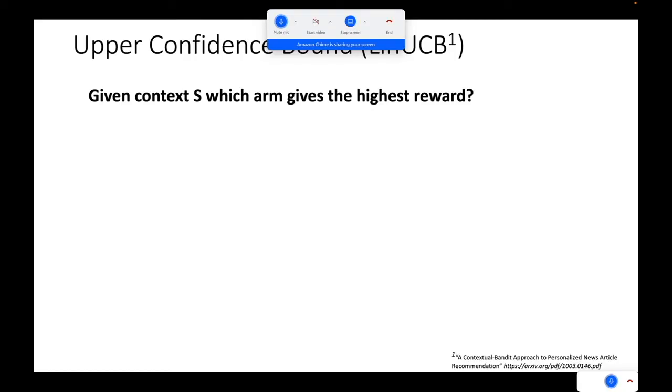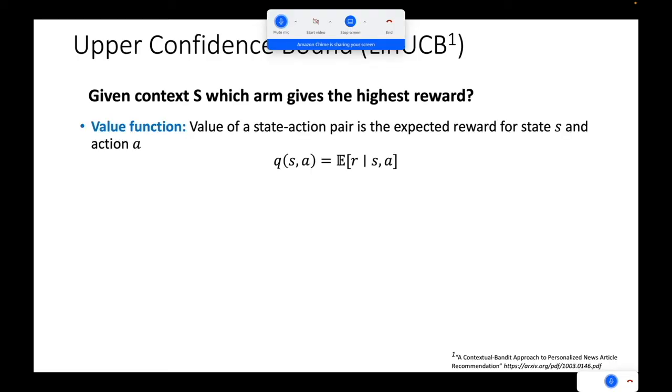Okay. Coming to upper confidence bound, we'll look at a particular form of the UCB called LinUCB. So here the goal, given the context, is that we want to determine which arm gives the highest reward. And in order to do that, we would need to ask the question, which arm has the highest UCB? So we'll define a value function, which is similar to what we had done earlier, except that now it's conditioned on the state or context as well as the action.